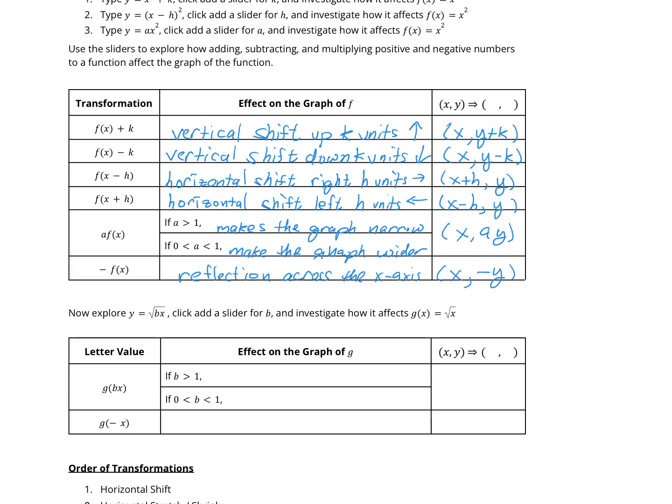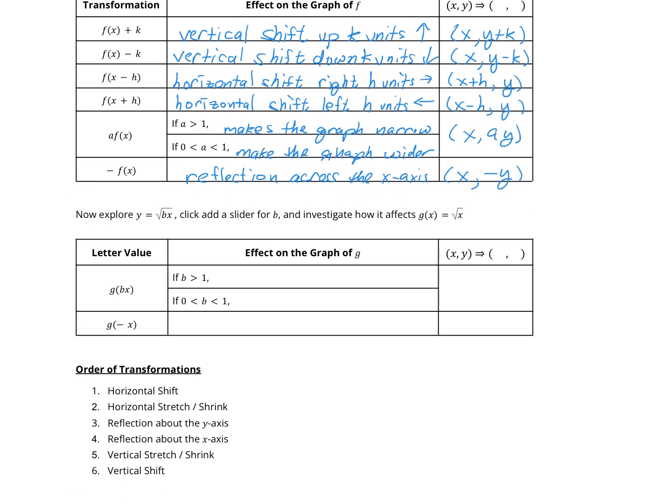We have two that are also used a little bit in algebra. The first one is going to be multiplying the inside argument x by a number that is going to compress the graph.